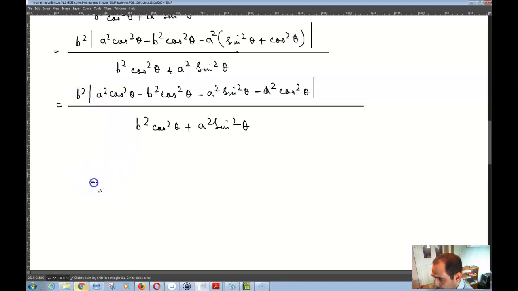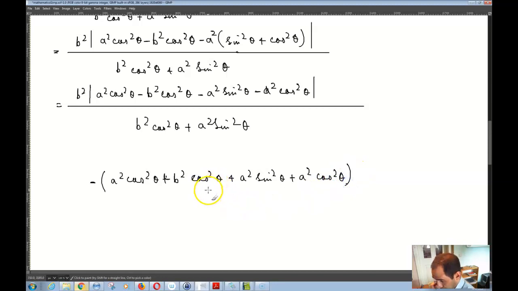Let's see what happens. So if you take a negative out of a squared cos squared theta plus b squared cos squared theta plus a squared sine squared theta plus a squared cos squared theta, then over here you have b squared cos squared theta, and this is a negative, of course.